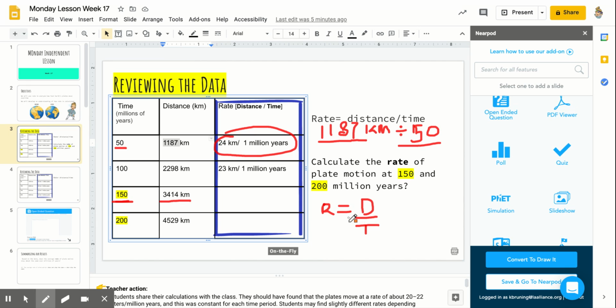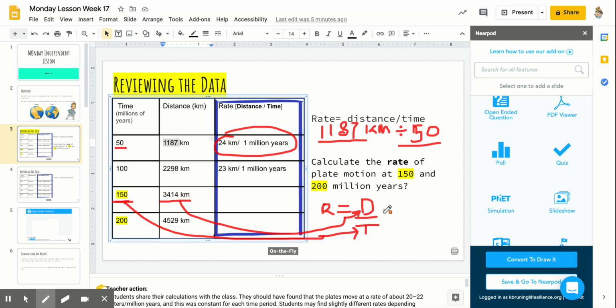So rate equals distance over time. For this one, you'll plug that in here, and then you'll use this to plug in for the time.